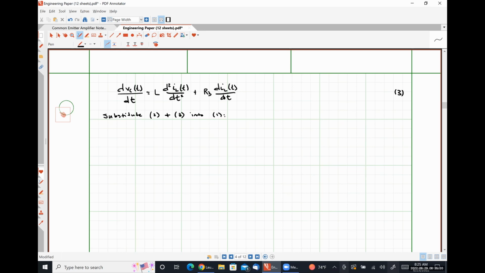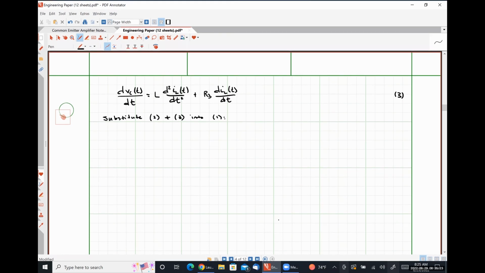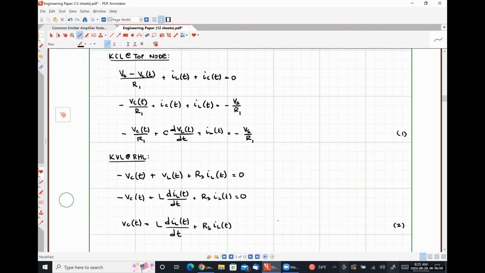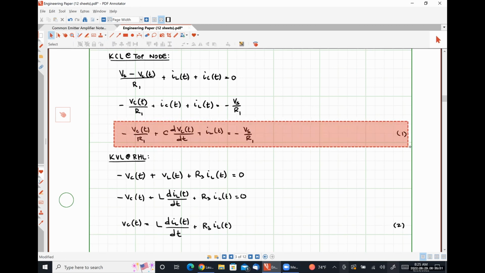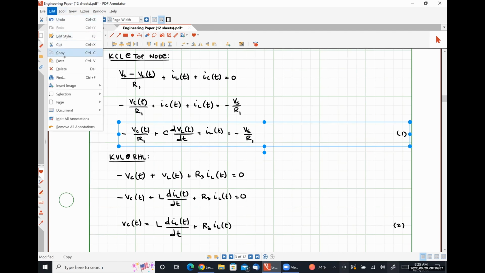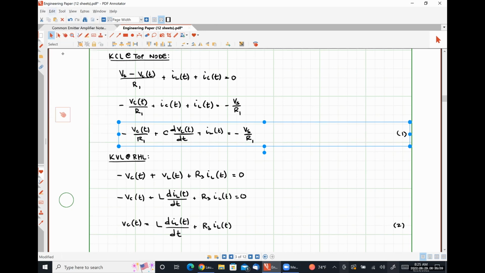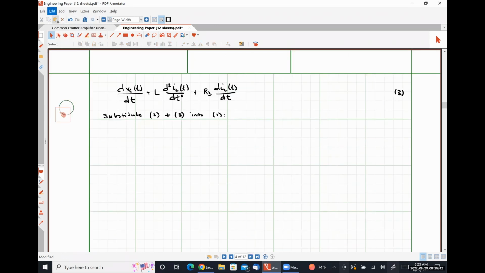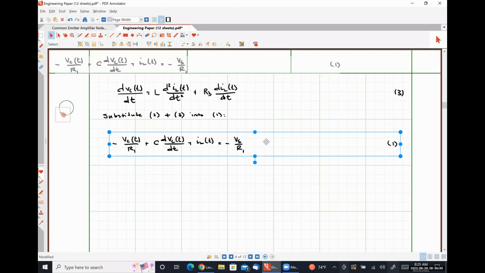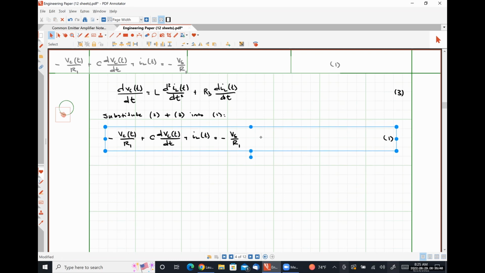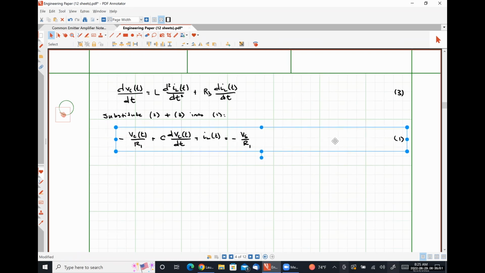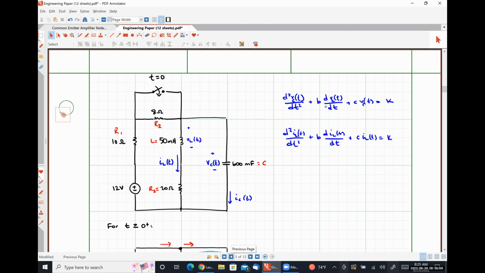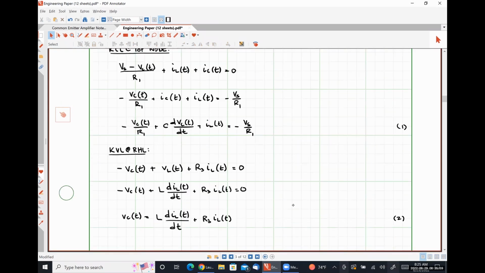So let's look back here. Actually, I'm going to make my life slightly simpler, just because I'm having to do this. All I'm going to do is make a copy of equations 1, 2, and 3 and put them on the next page so that I have everything readily available. Here's equation 1.